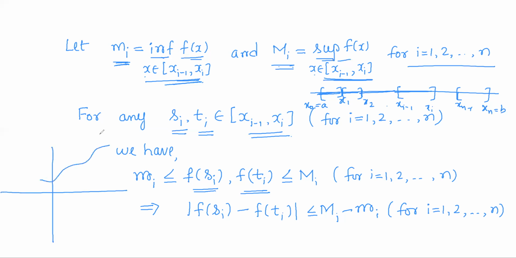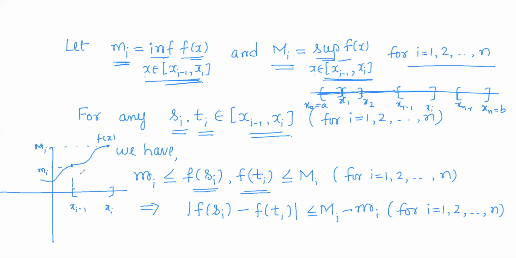Suppose this is the function f(x). If this is the closed interval [x_{i-1}, x_i], then corresponding to this, suppose this is mi, the infimum or minimum value, and suppose this is the maximum, capital Mi.